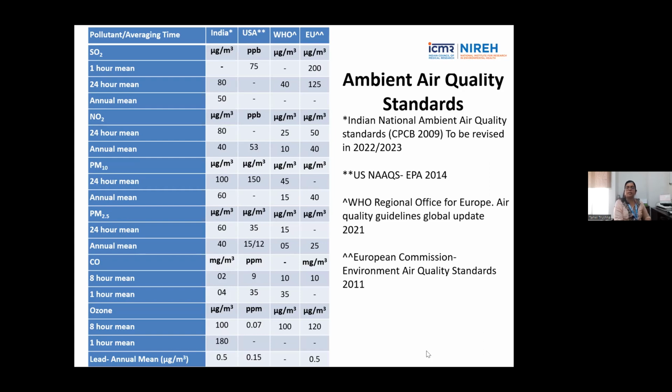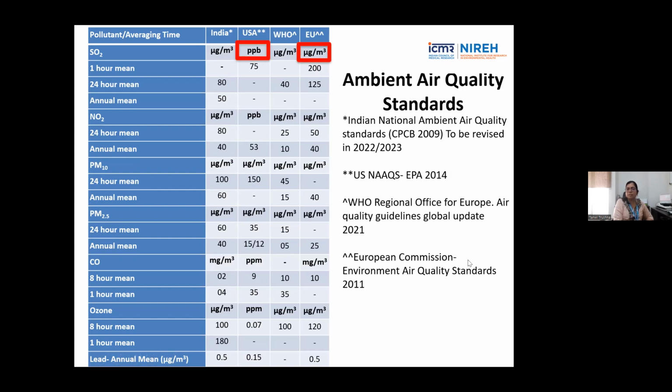Now, if you see here, the values prescribed by the different authorities seem quite different. If you look at sulfur dioxide, the US values seem quite different from the others, but actually it is because of the play of units.